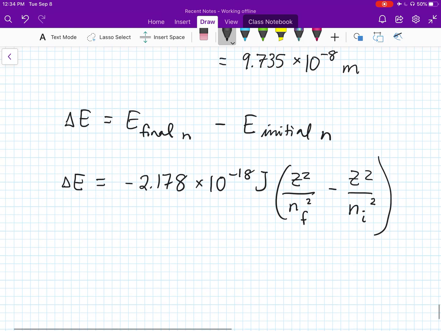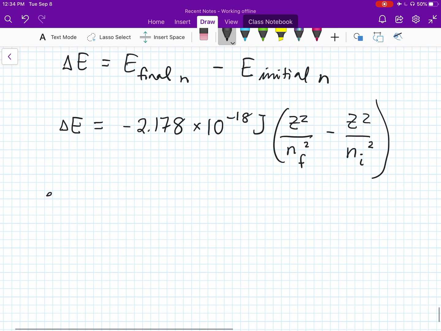I think that it's always safer to really think about where the electrons are moving to because otherwise you can get yourself confused with the signs.